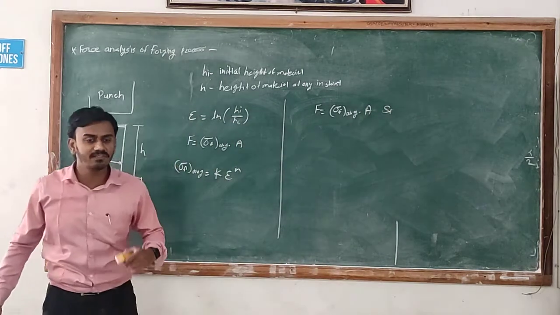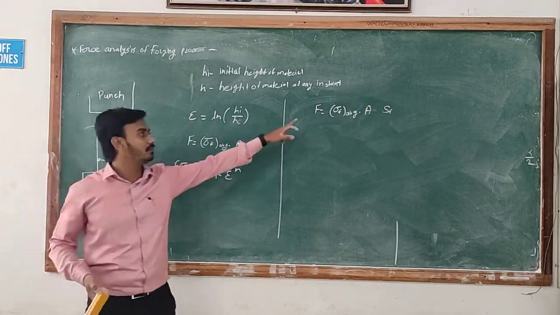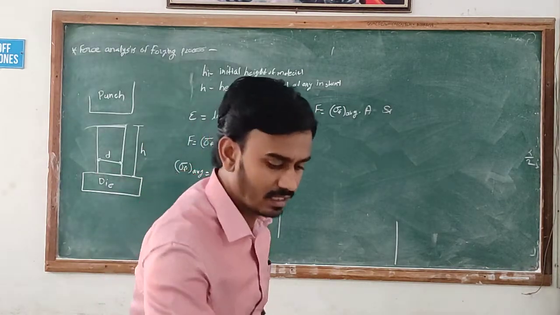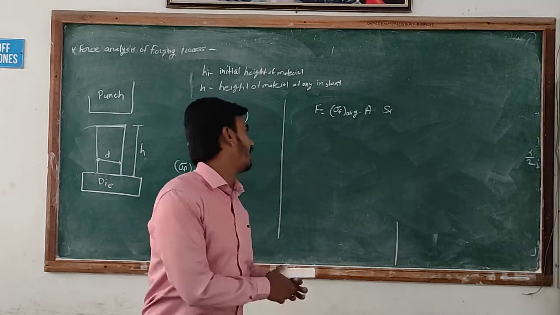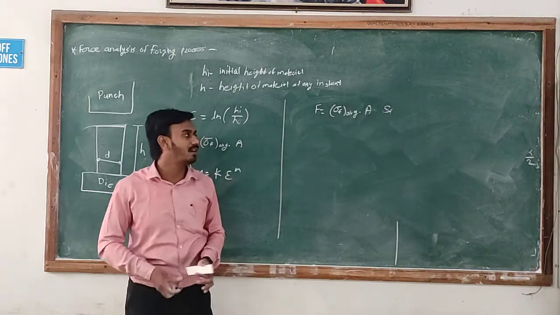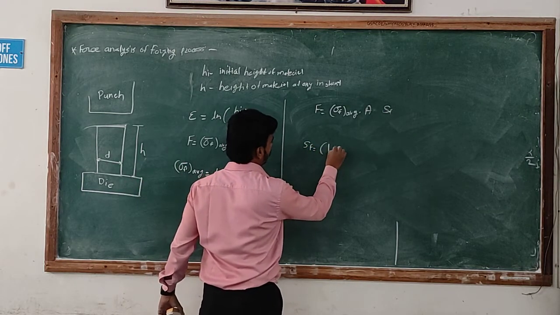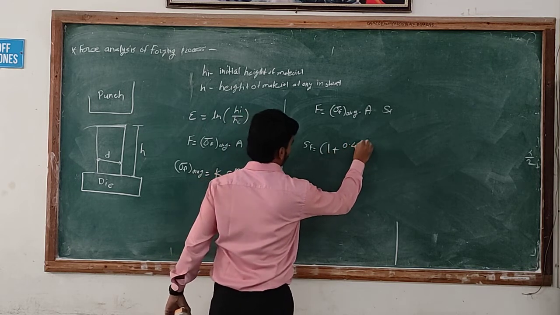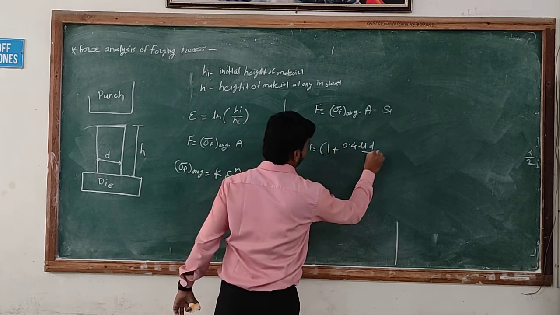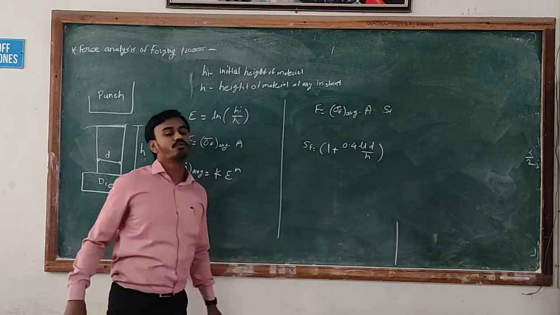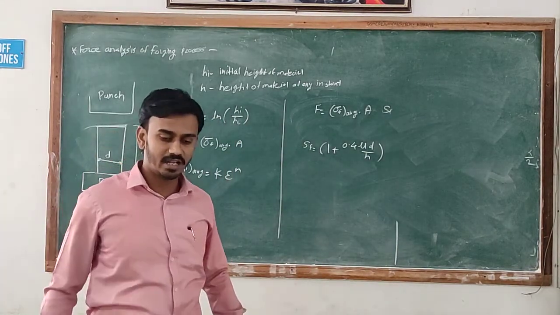If we consider the friction, then the formula becomes F equals sigma F average into SF into A, where SF is called the shape factor and SF is equal to 1 plus 0.4 times mu into d divided by h.